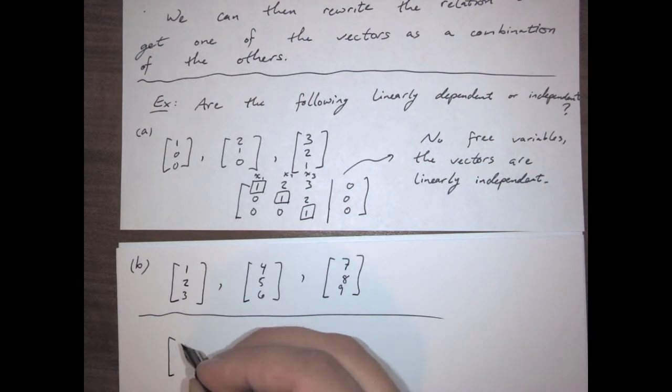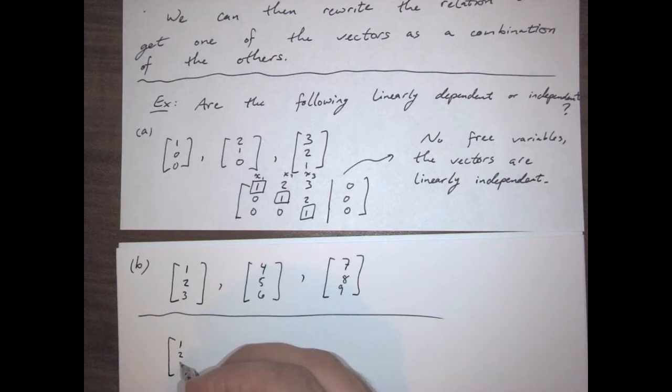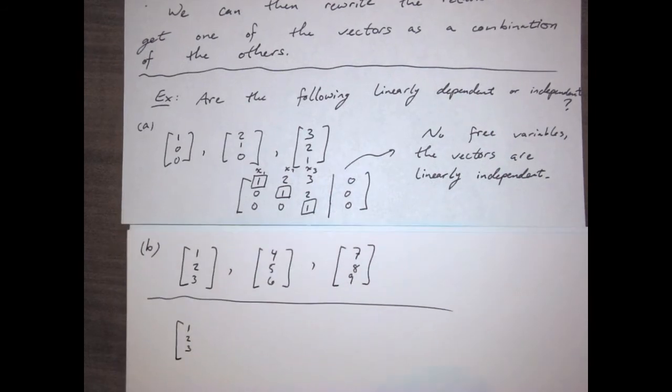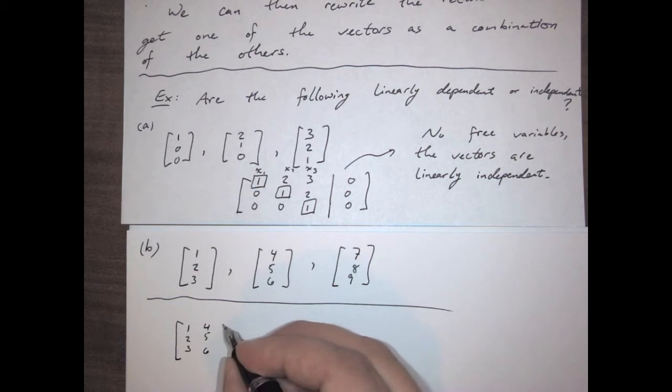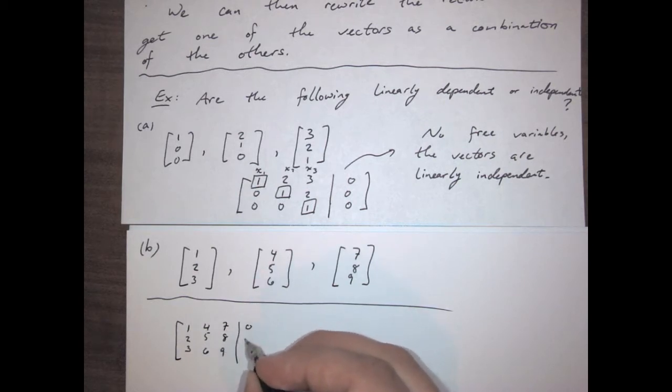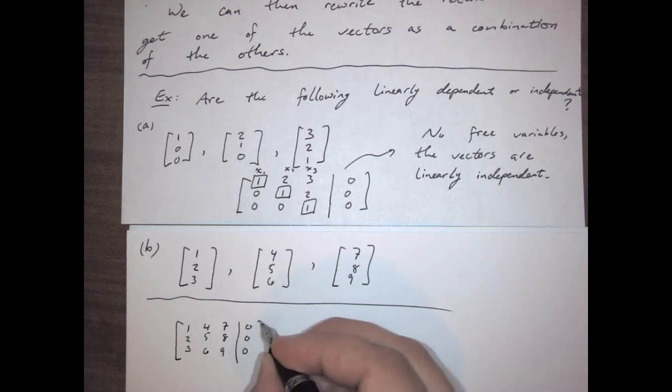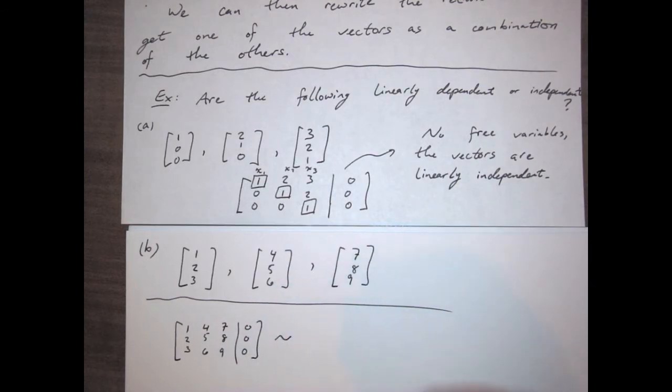Are they linearly dependent or independent? In other words, can any one of them be written as a combination of the others? Is any one of them redundant, is another way of putting this. To answer this question, we augment a column of zeros and we row reduce.